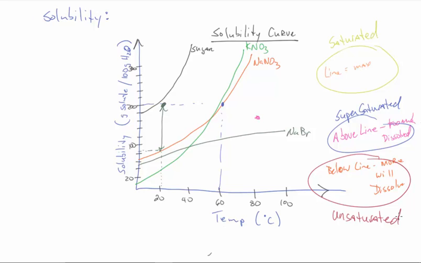And so the three terms that you'll need to know here are saturated, supersaturated, and unsaturated. You'll need to be able to read the solubility curve and understand that the line represents that maximum, and I can be supersaturated or I can be unsaturated.